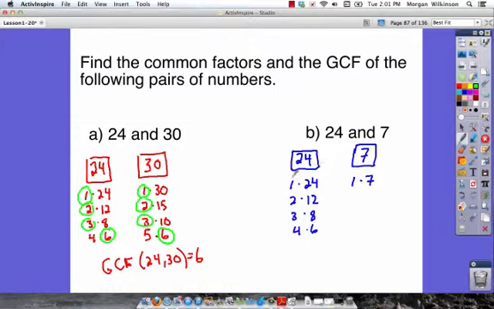So our common factor must be 1, and that's all. So our greatest common factor, the GCF of 24 and 7, GCF parentheses 24 comma 7, will be equal to 1. And that's all that we have.